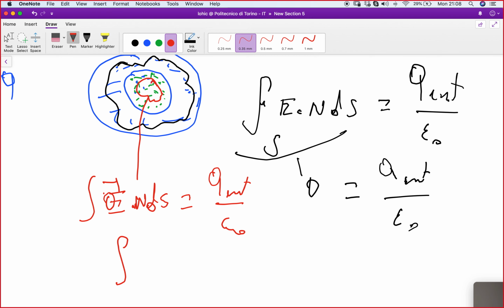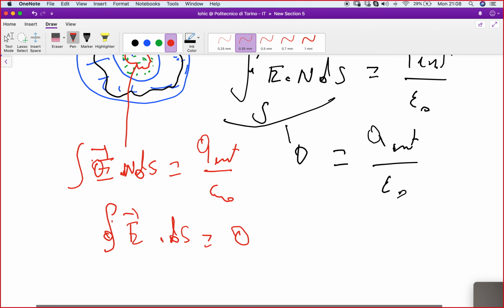So the flux of E dot dS through any surface, so the flux of the field through any closed surface here, in this zone, will be always equal to 0.